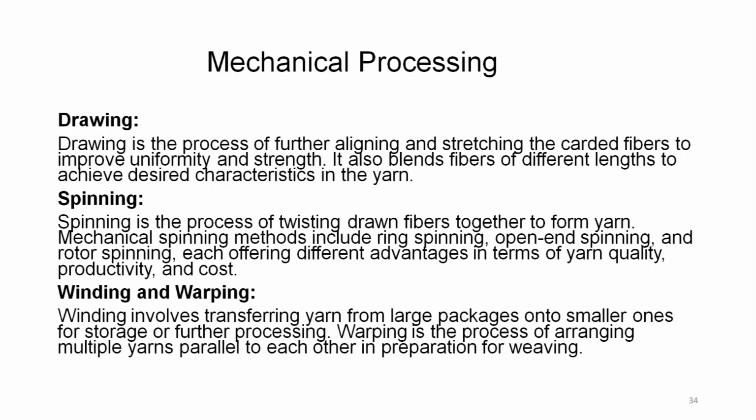Winding and warping. Winding involves transferring yarn from large packages into smaller ones for storage or for further processing. Warping is a process of arranging multiple yarns parallel to each other in preparation for weaving.